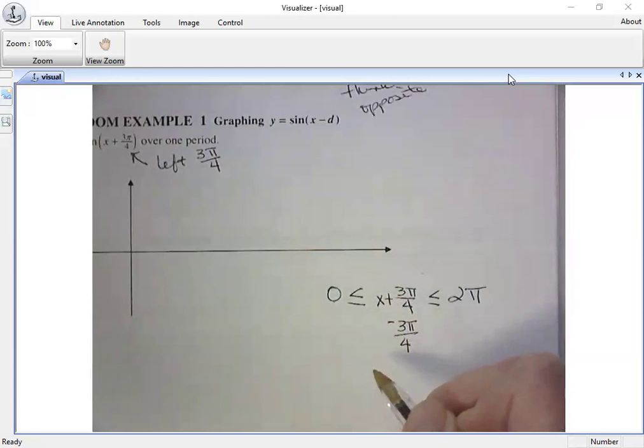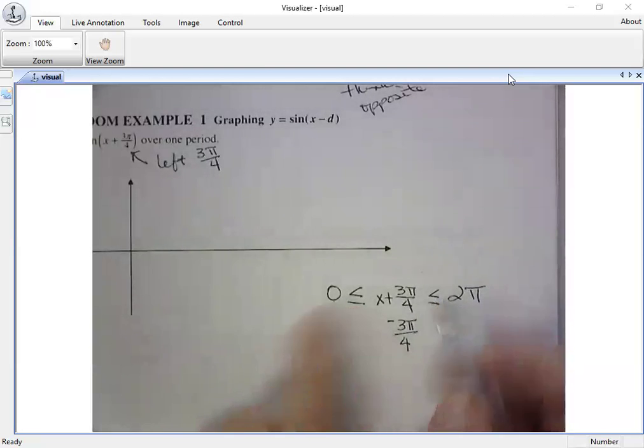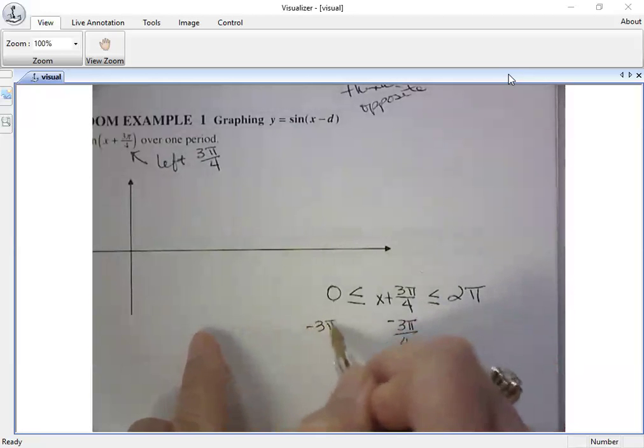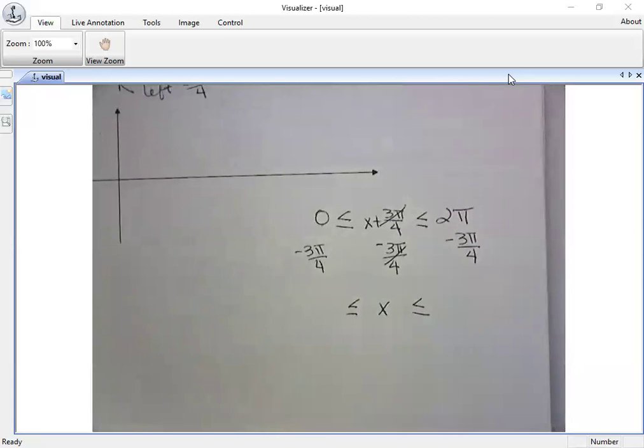I have to do it on either side of that inequality. If it's an equation, what I do to one side, I have to do to the other. Same concept here, but I don't just have one inequality sign, I have two. So I've got to subtract 3 pi over 4 on the left and on the right so that I can see where all these values get sandwiched between.